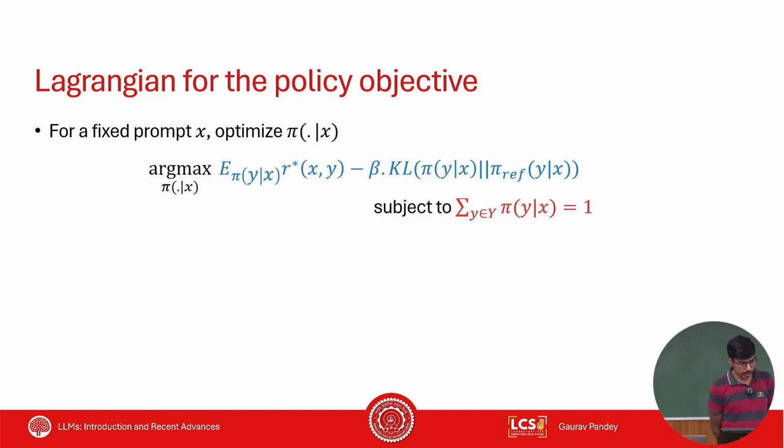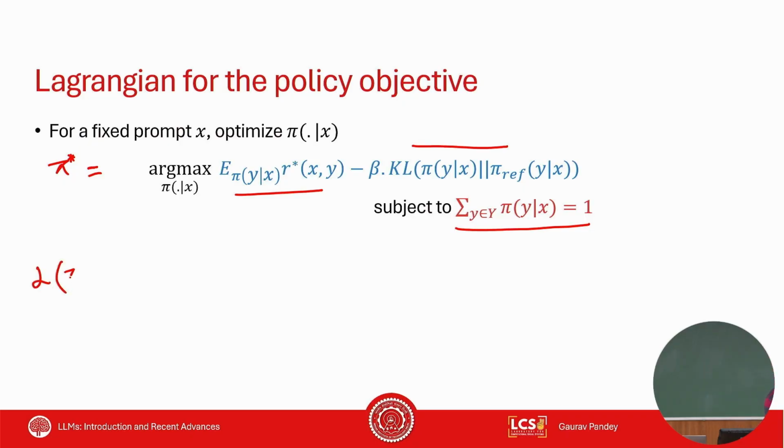Okay, so first step, this is the pi star training objective. We want a policy such that the outputs sampled from the policy have high expected reward, and the policy should not be very far from the reference policy, subject to the condition that this pi star is a probability distribution that sums up to 1. So what is the Lagrangian? Let's write it. L of pi, and let's add the Lagrange parameter lambda.